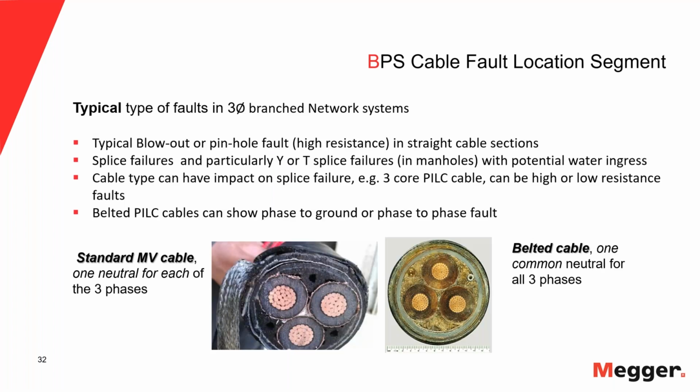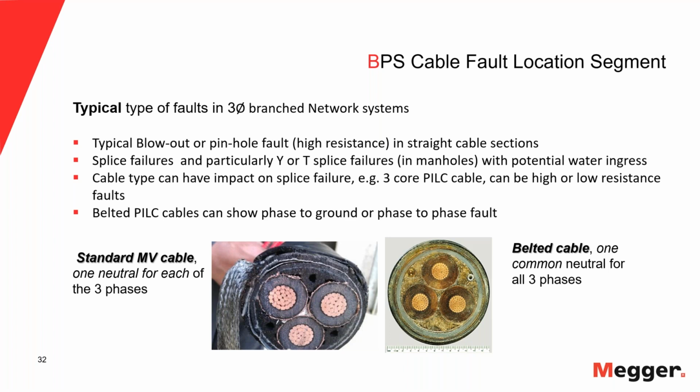All right, so now, what are the typical faults in these systems? Typical are a blowout fault, pinhole fault, or high resistance fault, which happens typically in the straight sections between manholes. Then you can also obviously have splice failures in the manholes, at the Y splices and the T splices.